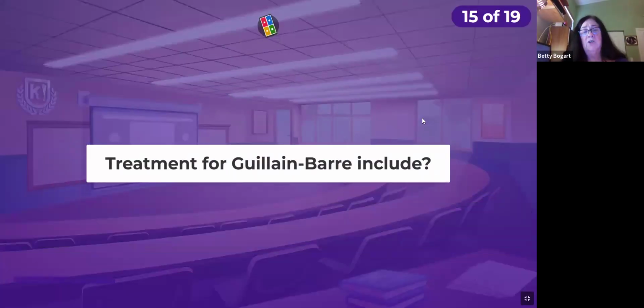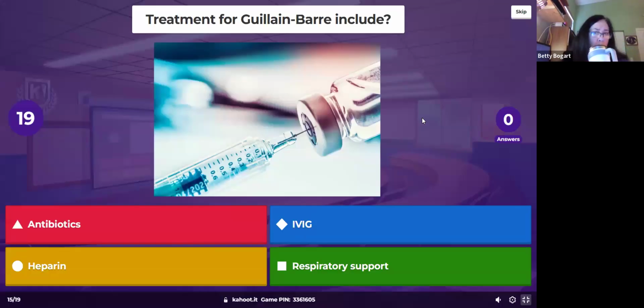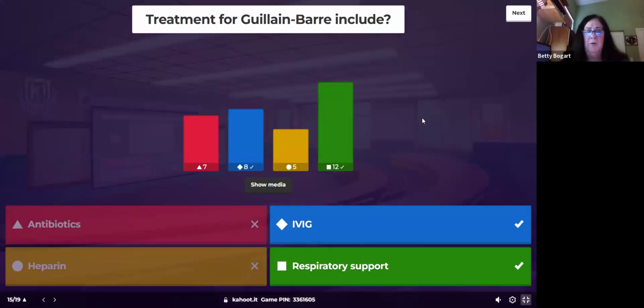Treatment for Guillain-Barré includes what? So Guillain-Barré is not something that's treated with an antibiotic. It's not bacterial. It's not an infection.